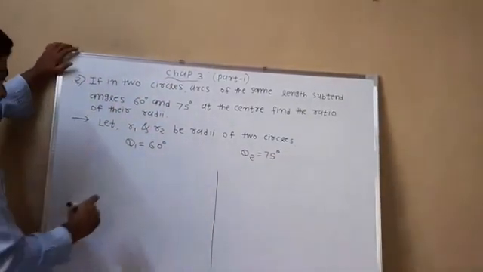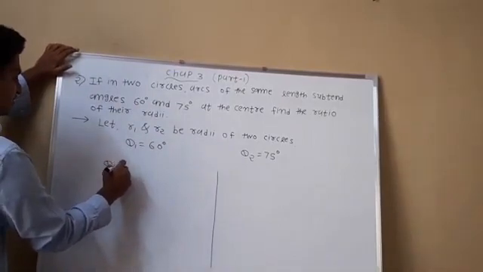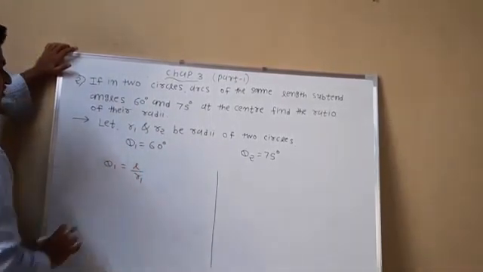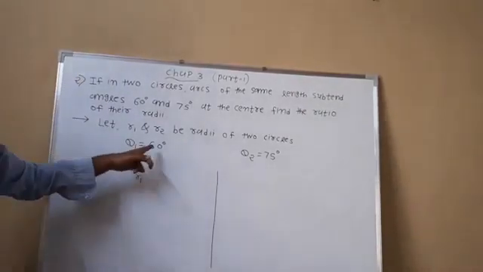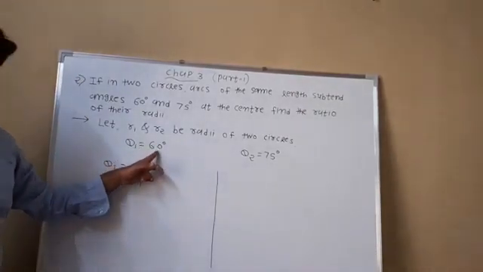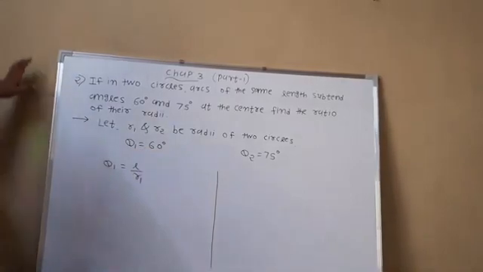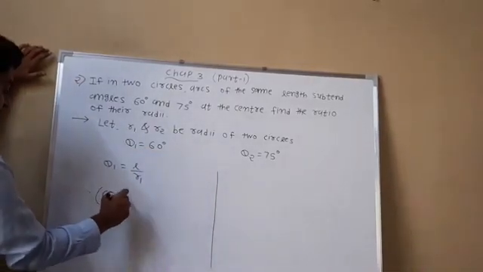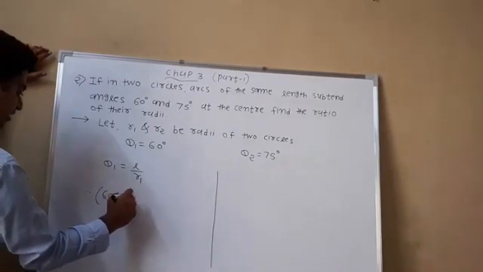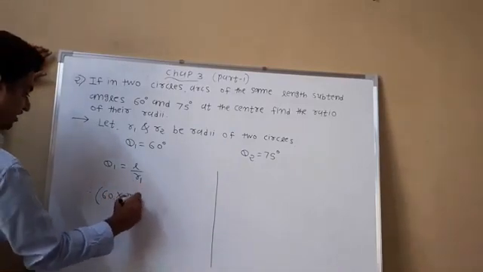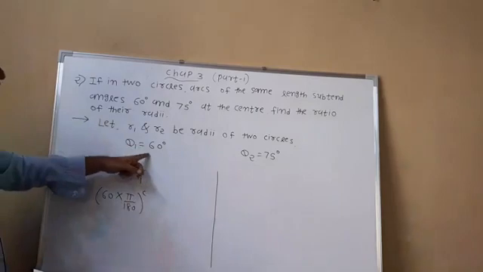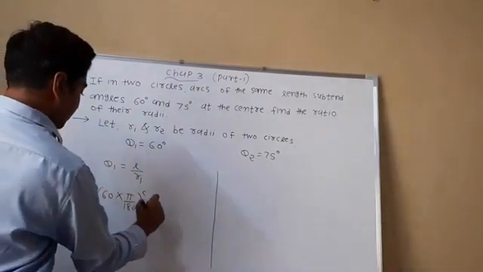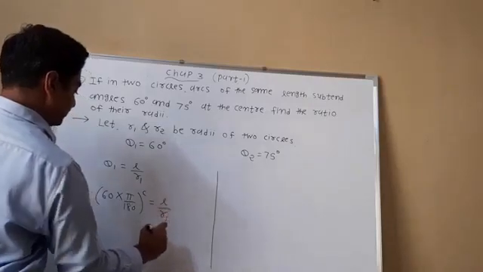Now we know the relation theta 1 is equal to L upon R1. Now theta 1 is present in degree form, so convert into the radian form. So write 60 multiplied by pi upon 180 radian is equal to L upon R1.